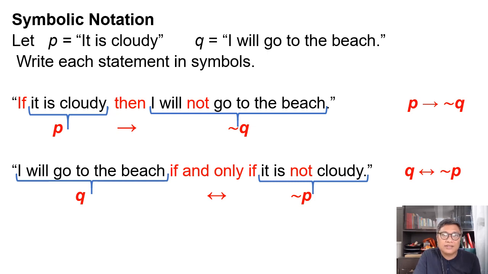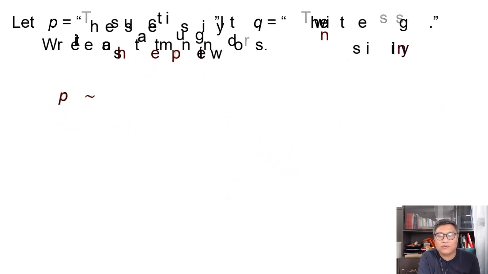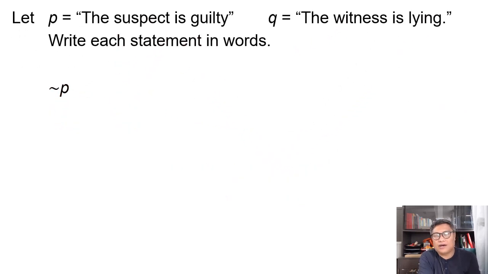Okay, so that's usually how we symbolize statements, class, especially the compound statements. Now we do the reverse. We have P as the statement "the suspect is guilty," and Q as the statement "the witness is lying." Then we can write each statement in words.